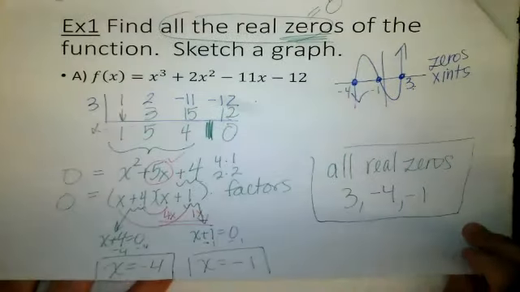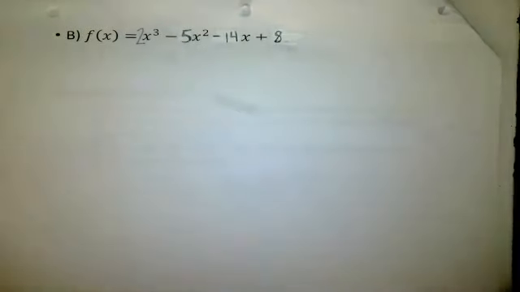Lots of different ways. So let's try one more here, ladies and gentlemen. I had to change this problem. This is the benefit of being take 2, that I learned from period 2 that didn't go as well as I hoped. F of x equals 2x cubed minus 5x squared minus 14x plus 8. What do you need to do first?